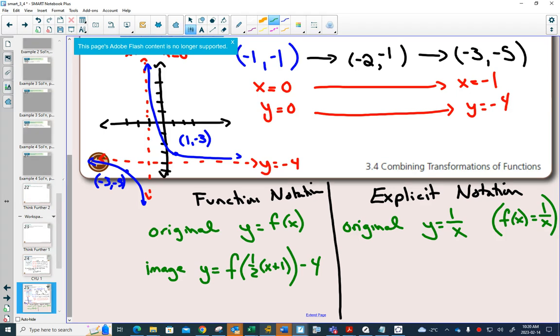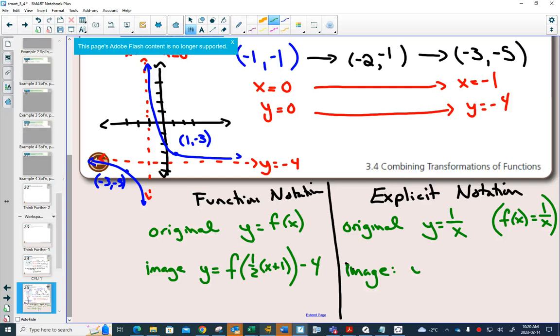Now, what would be the explicit notation for the image? And this is where it's helpful to be able to change from the function notation to the explicit notation, because you could get this same question in explicit notation.